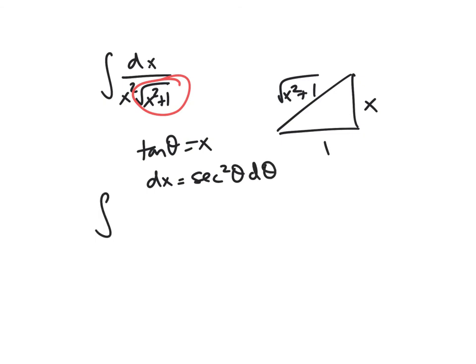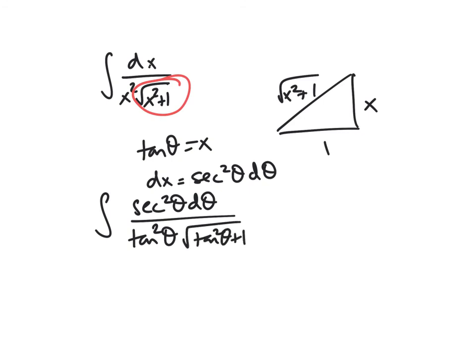And so when we substitute in, our dx up top is secant squared theta d theta all over, so x squared is going to be tangent squared theta. And then the square root of x squared plus 1 is the square root of tangent squared theta plus 1. Now, if you are good about your trig identities here, this one uses the Pythagorean identity.